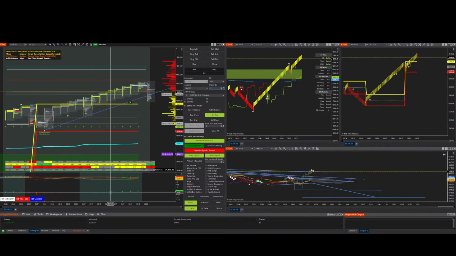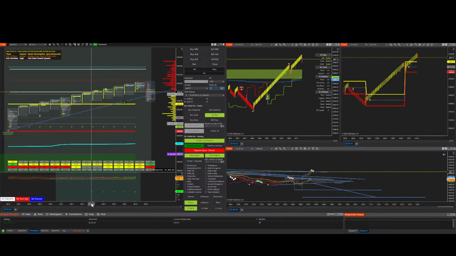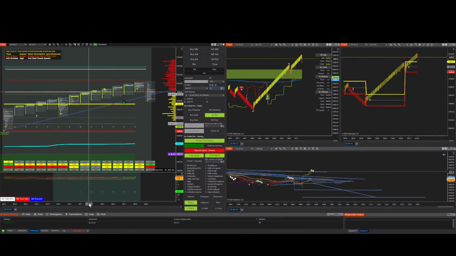This is our B4 Footprint Pro. This indicator that you see over here, this is something I'm working on. I'm still developing. It's an Ichimoku base indicator.